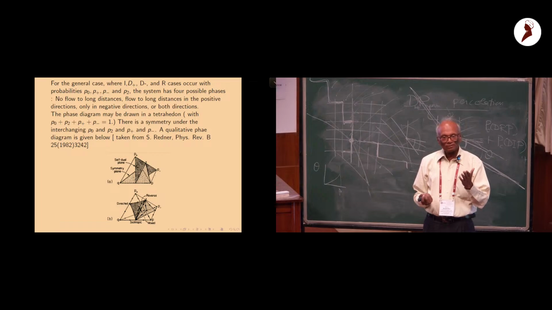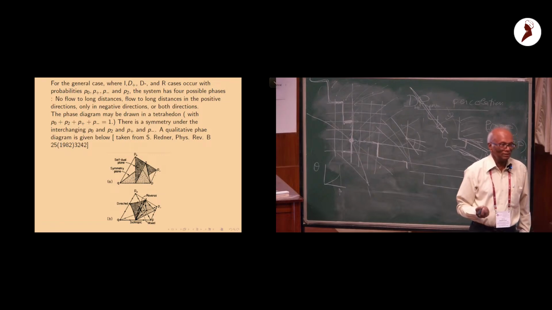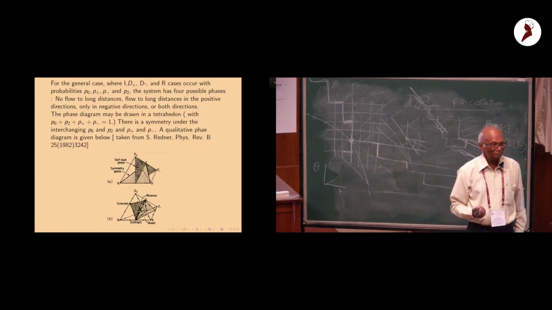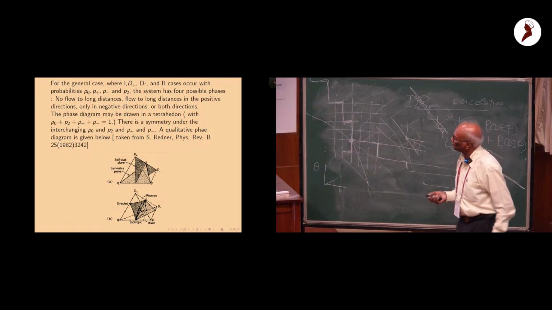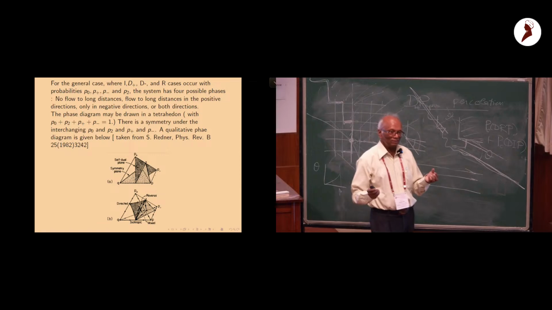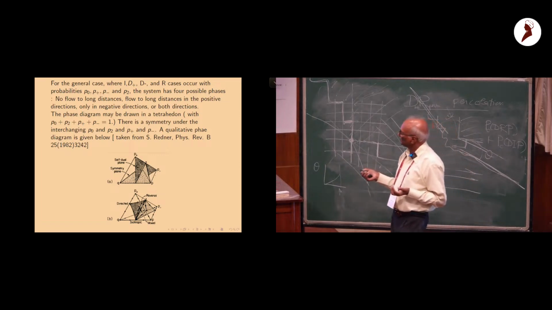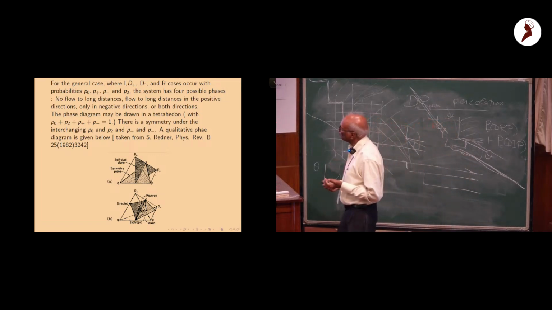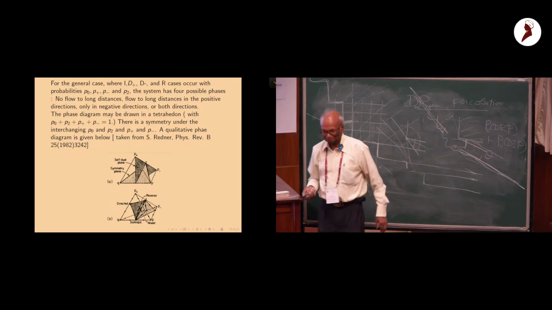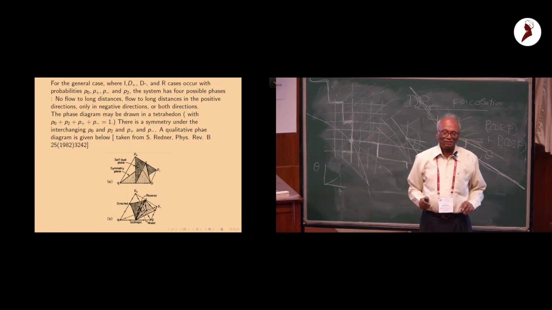The properties of the system when there are too many resistors can be related to the properties of the system when there are too many insulators by duality. And of course, P plus and P minus can be exchanged, because you can just define plus direction as the negative direction in the new convention. And so this tetrahedron has 2 symmetry planes, and so that constrains the behavior.